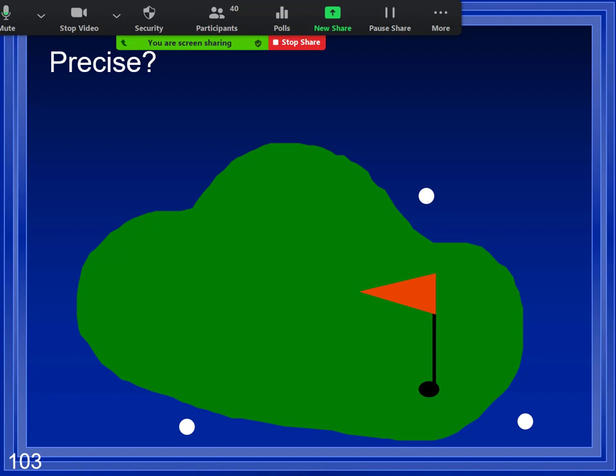Nah. Were they accurate? Alrighty then. Okay, well, what do you mean maybe? Well, think about where the middle of this is, where the average shot is.